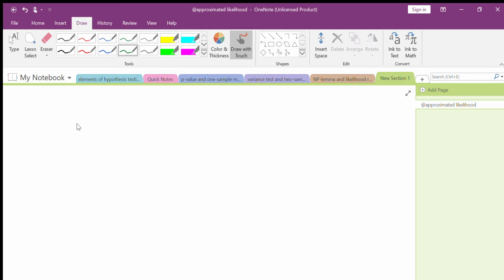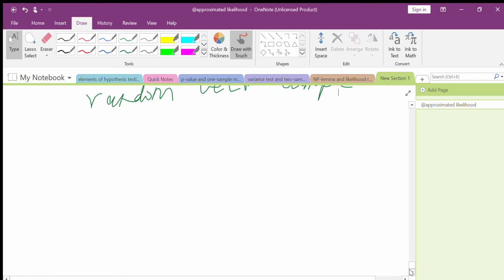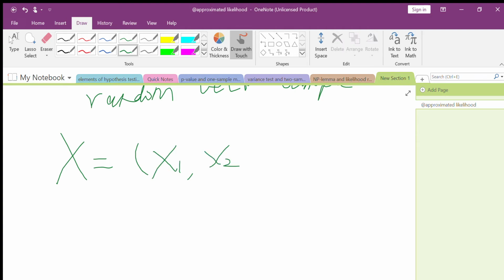Consider a random vector sample. The random sample X is capital X1, capital X2, all the way to capital XK.